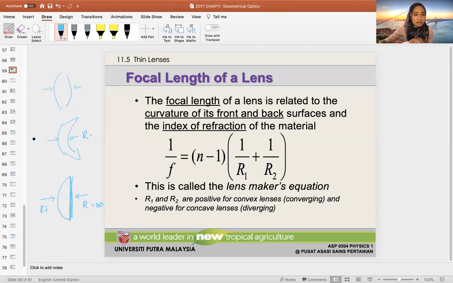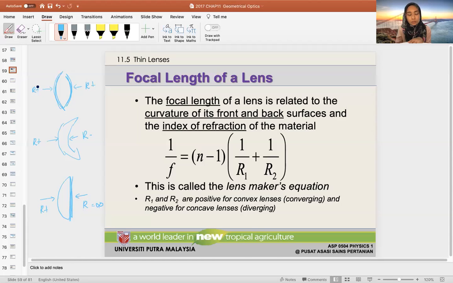So this guy curves outwards, so R is positive. That is how you determine whether your curvature is positive or negative. And for a flat mirror, the R is infinity, which means 1 over R, 1 over infinity, just means 0.